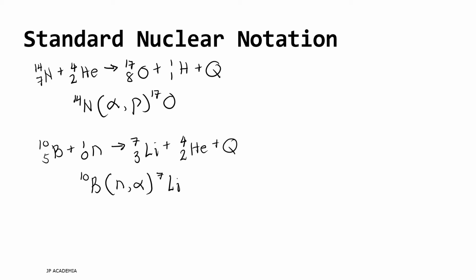Same thing with this second nuclear reaction. Boron-10 captures the neutron, producing lithium-7 and helium-4, which is just the alpha particle. The Q here refers to some amount of energy. The second equation is popular in radiation therapy for treating, let's say, a brain tumor using the so-called boron-neutron capture therapy.